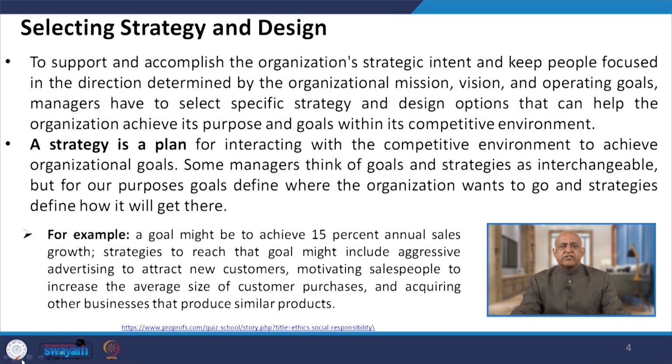So organization strategies are always framed so that people are focused in the direction, that is, the line of action for the employees working in the organization. The organization's vision and mission focus on this particular strategy design, so that the mission, vision and goals can be achieved.